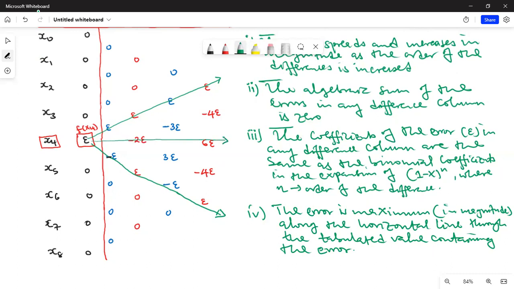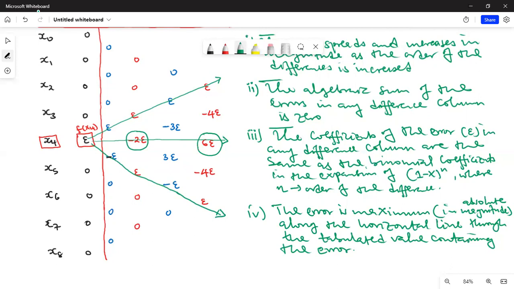If you look at the fourth column and look at those errors, the maximum is 6 epsilon in magnitude. Magnitude means absolute value. So 6 epsilon is more than 4 epsilon, more than epsilon. Again here, we have negative 2 epsilon. The absolute value of that is 2 epsilon, which is more than epsilon and the other epsilon.